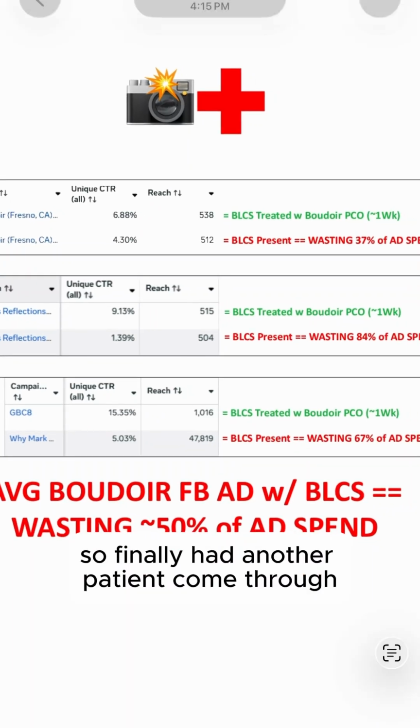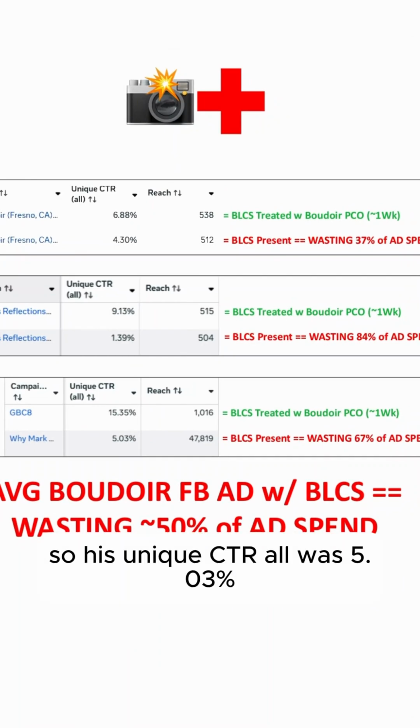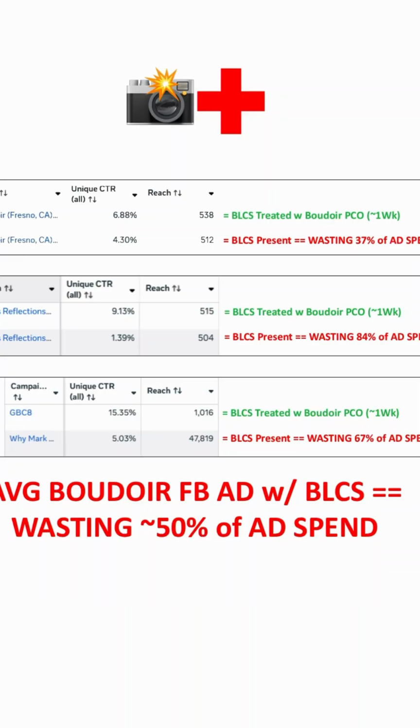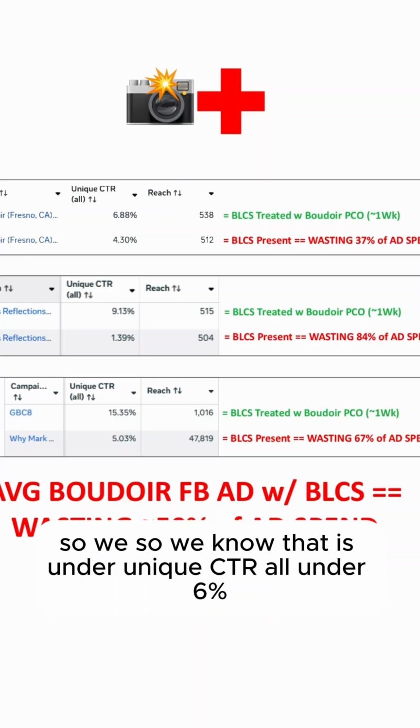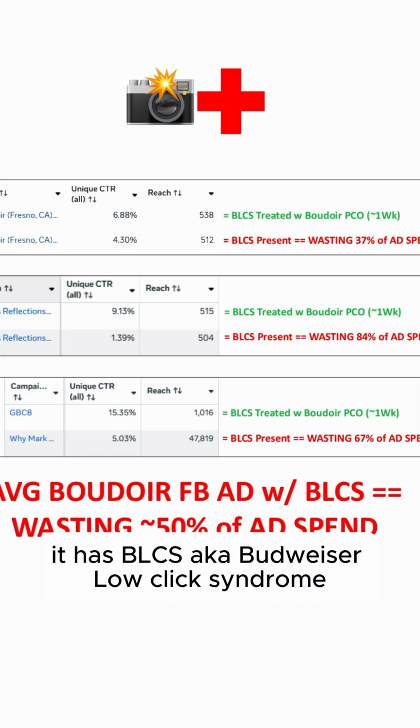So finally, had another patient come through. Saw his unique CTR was 5.03%. So we know that is unique CTR under 6%. So we know it has BLCS, aka boudoir low click syndrome.